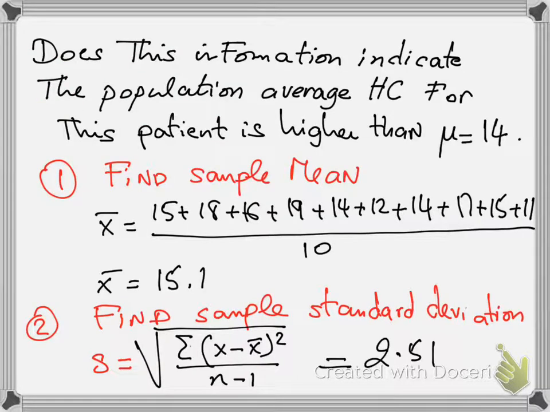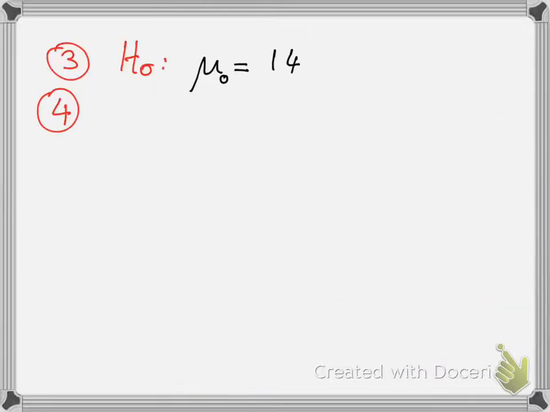Well, this question here, does this information indicate the population average of the hemoglobin count for this patient is higher than 14? Okay, let's see if it's higher than 14. So the alternative hypothesis H1 would be that mu is larger than mu 0. Okay. So in other words, mu is larger than 14. Okay.